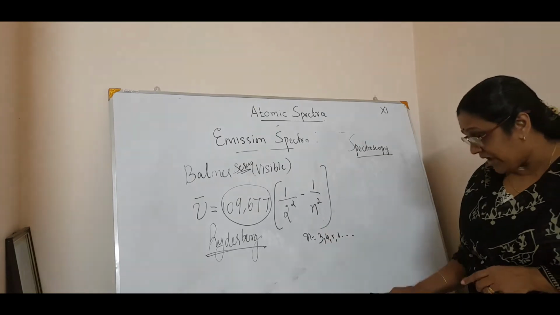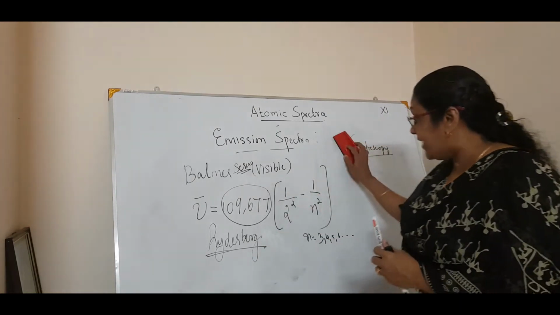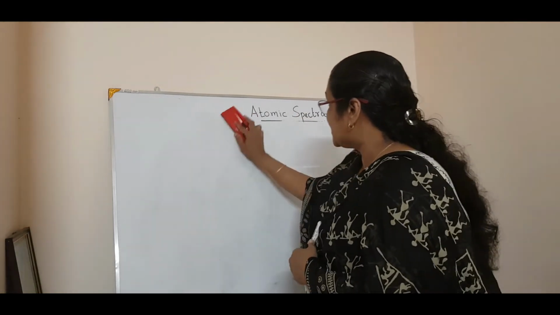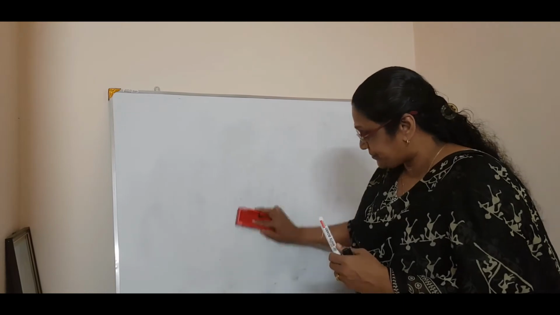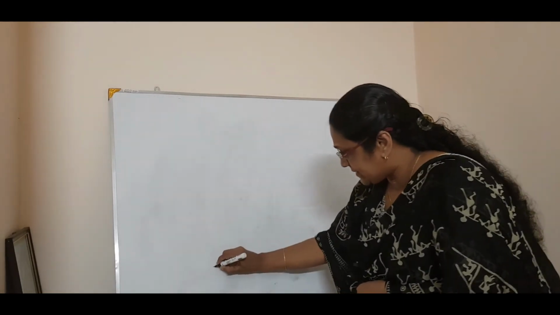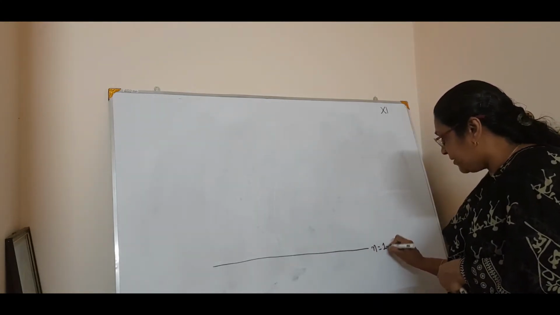Now I will draw the line spectrum of hydrogen. Then you will understand what this 2 square and n square are. This is the energy level where n is equal to 1, the first level.